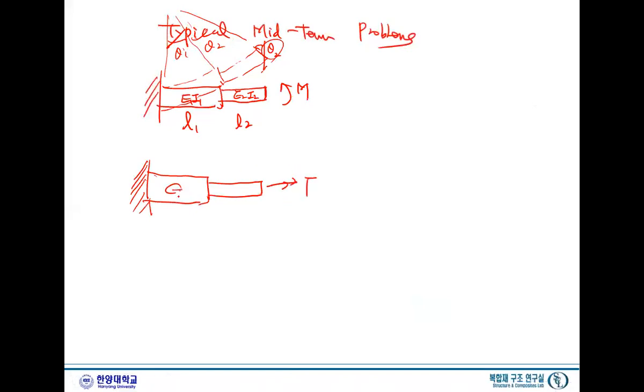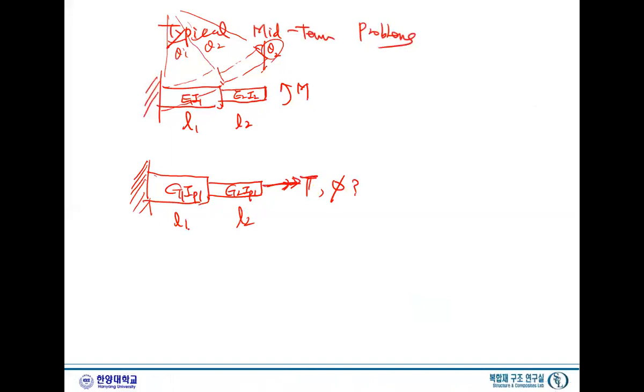Here we have G1, IP1, and L1, and G2, IP2, and L2. This IP is the polar moment of inertia. And now when we apply torque T, the question is how much it rotates, angle phi. And this one you can easily solve, very similar to task number 4, right?